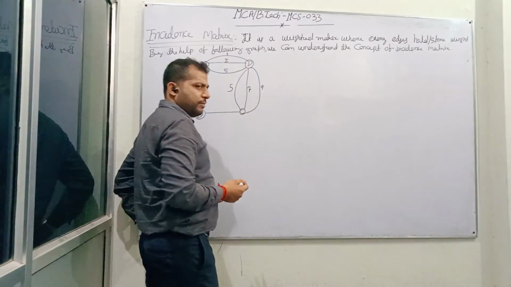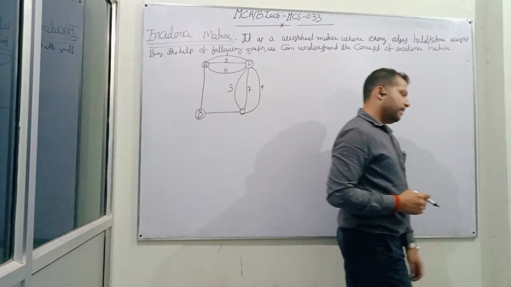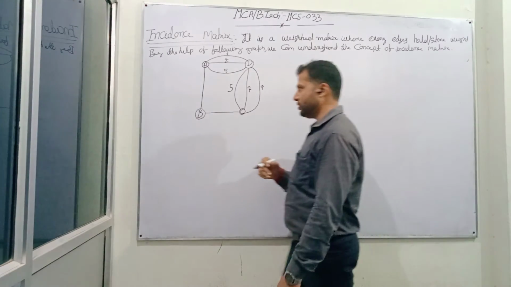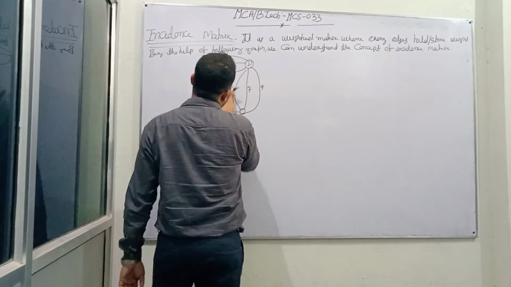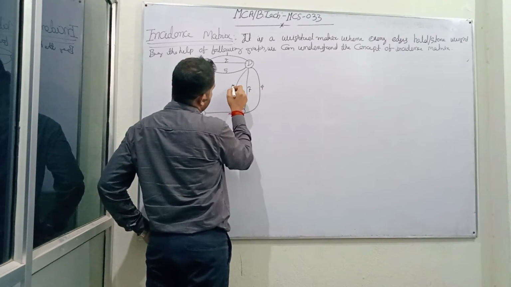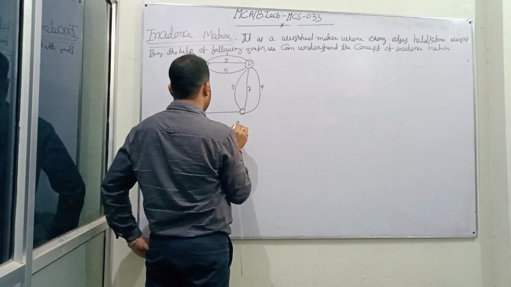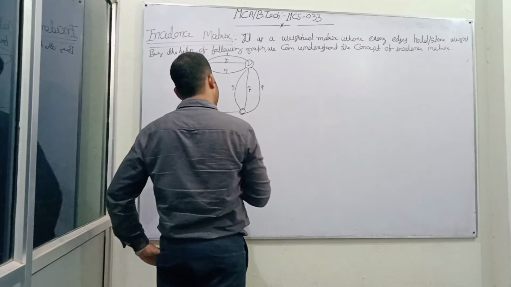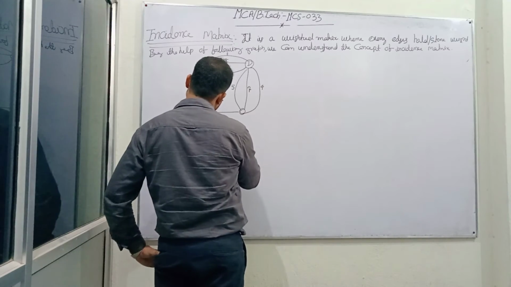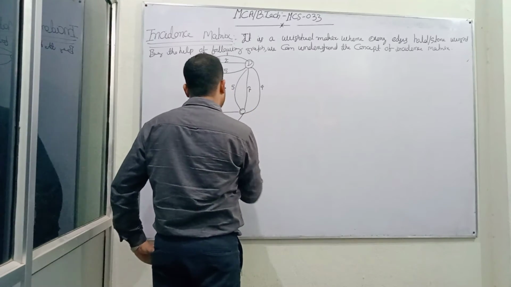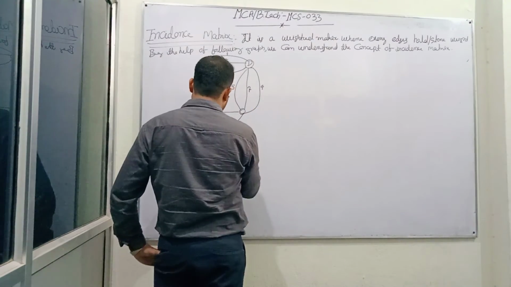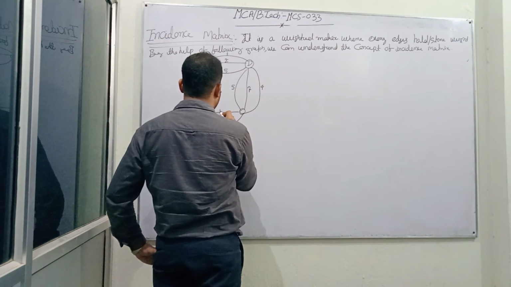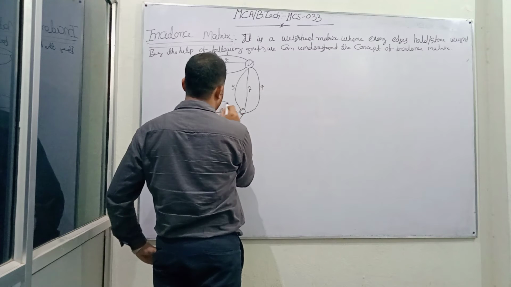Maybe repeat. No, there is no effect. Weight repeat हो सकता है, कोई फर्क नहीं पड़ता है, वेट हो सकते हैं. So here we will write the 5 and here we will check the next vertex B to C vertex to write 11, this one 12, and this one 30.